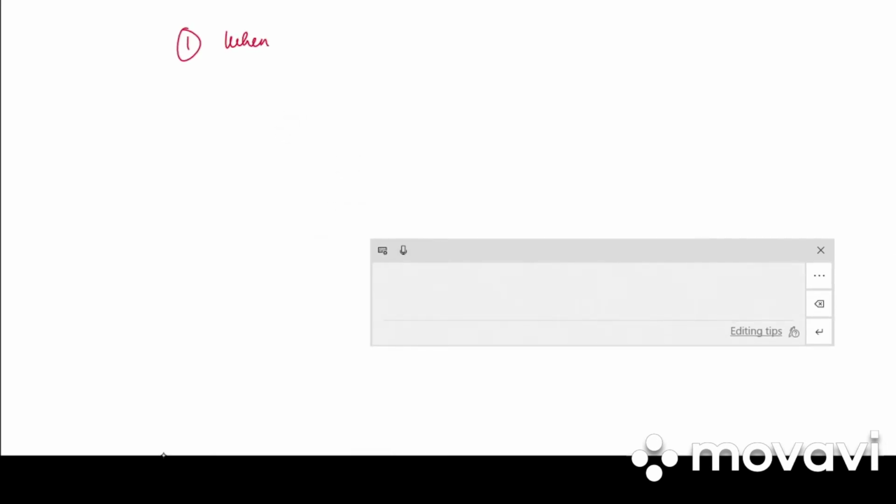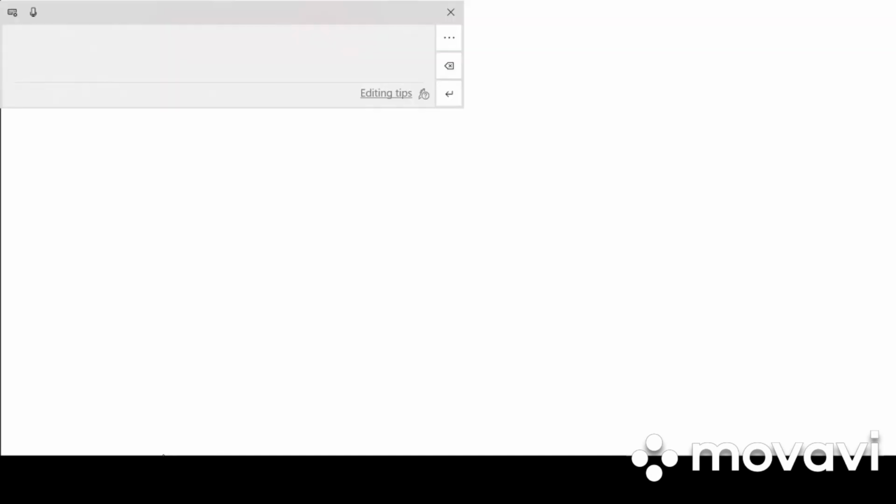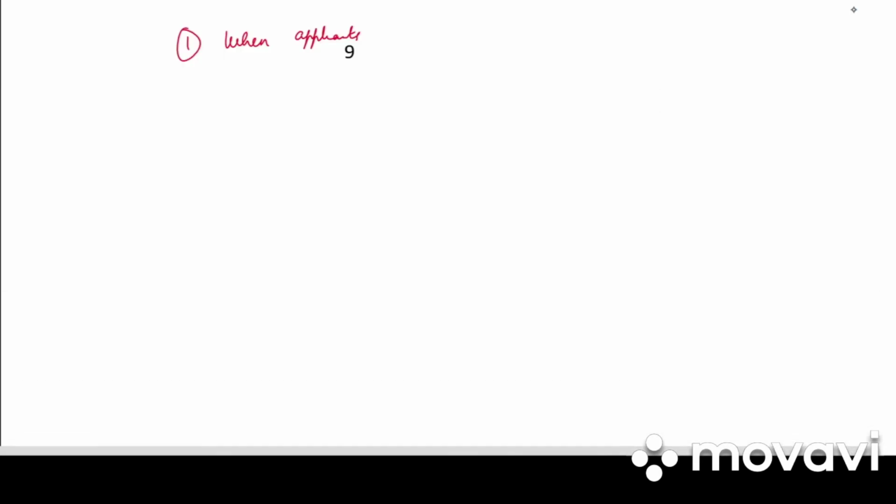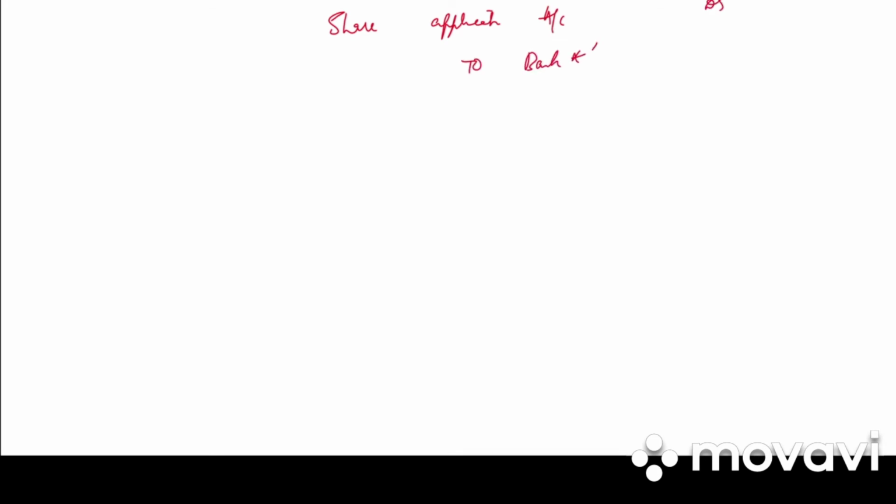So in this case we will have different journal entries. First one, when applicants are not allotted any shares, their money is returned to them. So the entry will be share application account debited to bank account, in bracket, application money returned.